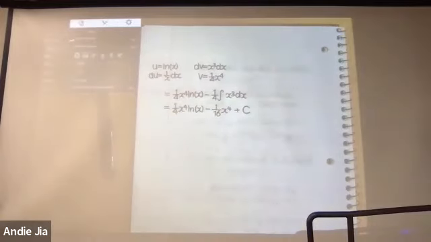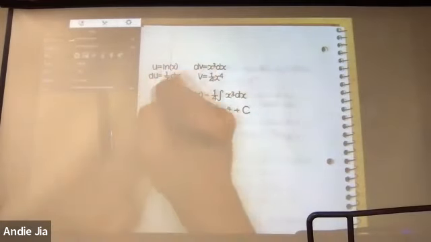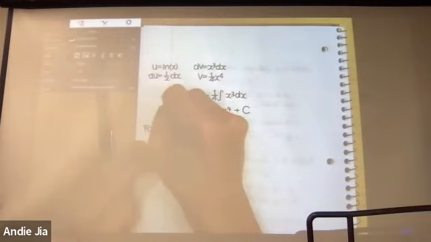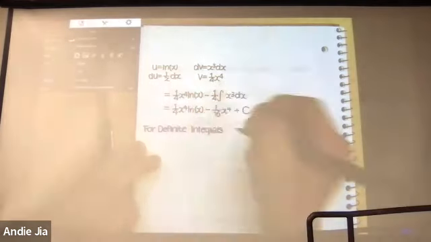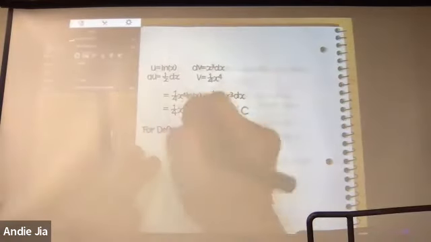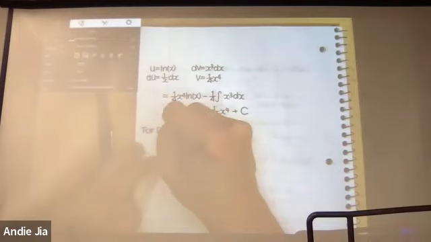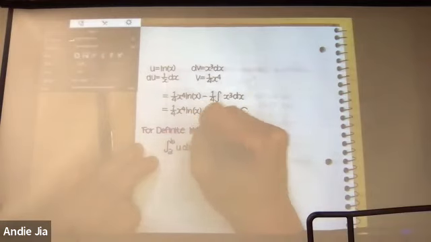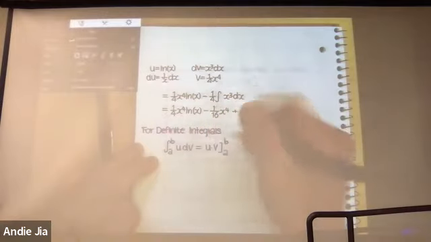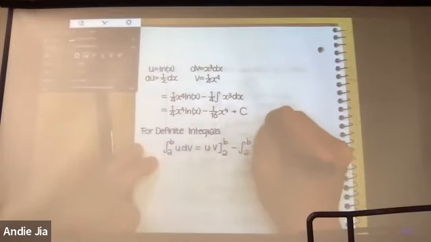So for any definite integral, the integral from a to b of u dv is equal to uv evaluated from a to b, minus the integral from a to b of v du.